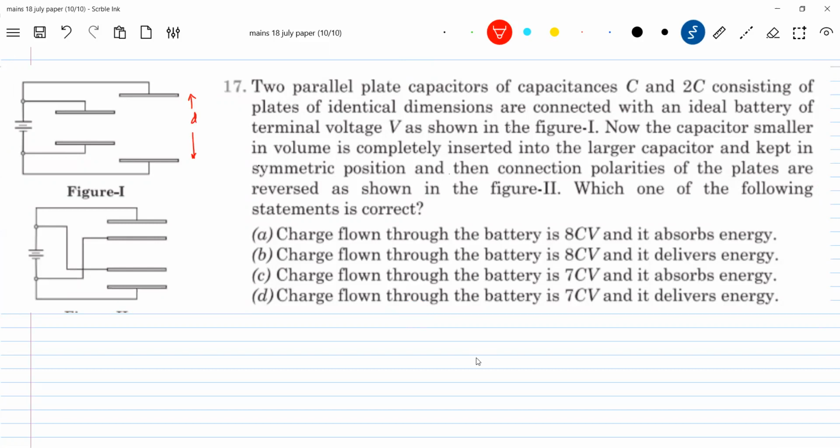It's telling that the smaller capacitor in volume is completely inserted. So look at the C and 2C it is telling about. What do you mean by C and 2C?